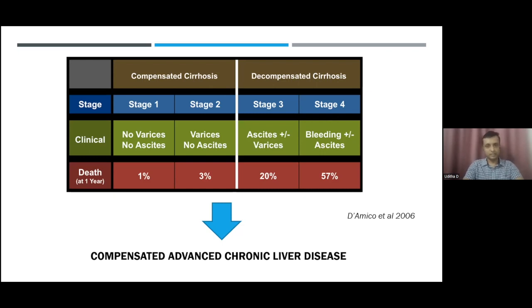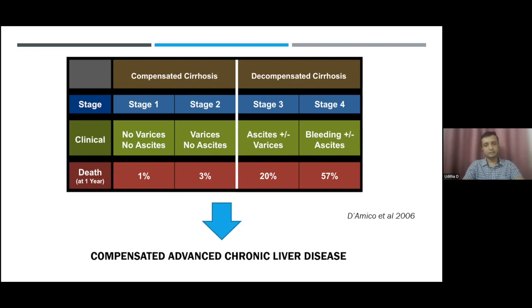Now this concept of compensated and decompensated cirrhosis is being replaced by the concept of compensated advanced chronic liver disease and decompensated advanced chronic liver disease, a term thought to be more practically useful, because cirrhosis, as you know, is a histological diagnosis. It's not an imaging-based or biochemical diagnosis, so technically it requires histology to diagnose.